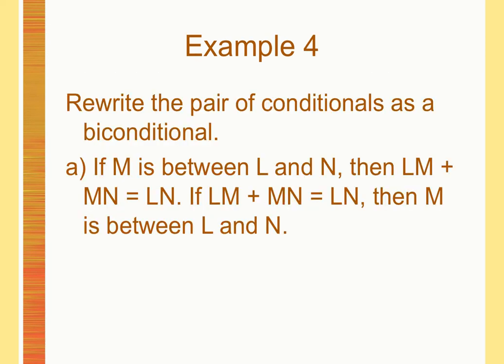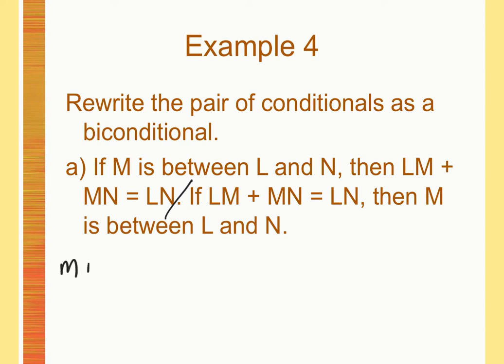All right, last one. Rewrite the pair of conditionals as a biconditional statement. If M is between L and N, then LM plus MN equals LN. That's the first one. And the reverse of that, or the converse of that, if LM plus MN equals LN, then M is between L and N. How do I say this in biconditional?